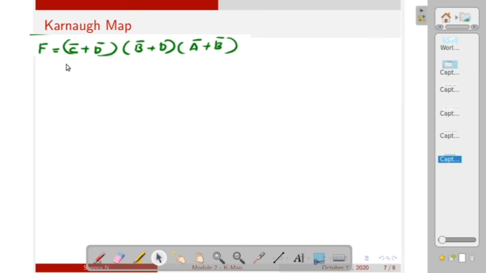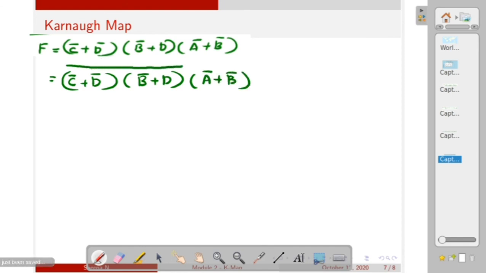Next we have to implement this expression using universal gates. Here we implement using NOR gates. To implement using NOR gates, we have to remove this AND operation. So we write it as C bar plus D bar into B bar plus D into A bar plus B bar, double bar.